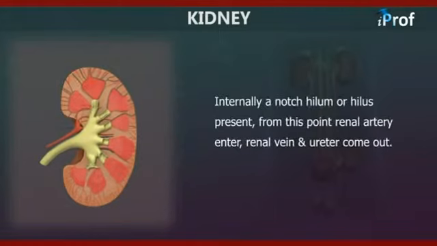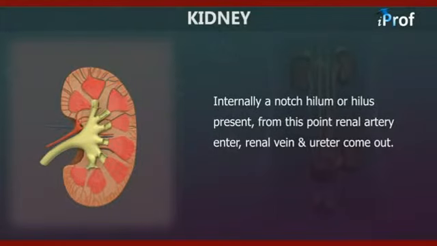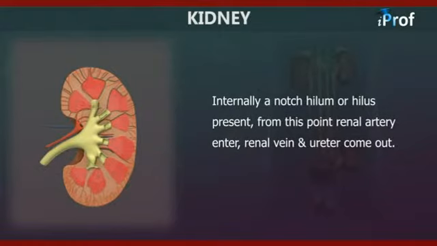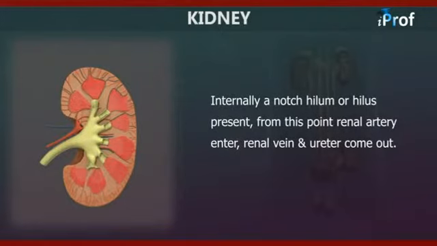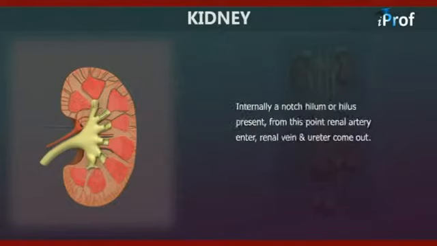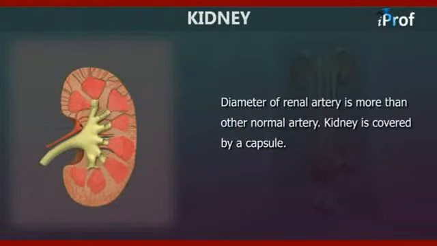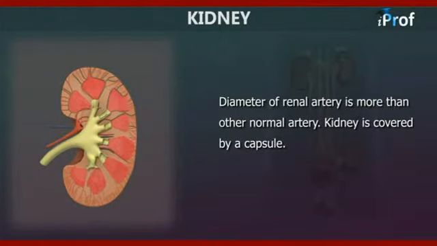Internally, a notched hilum, or also called hilus, present. From this point, renal artery enter and renal vein and ureters come out. Diameter of renal artery is more than other normal artery.